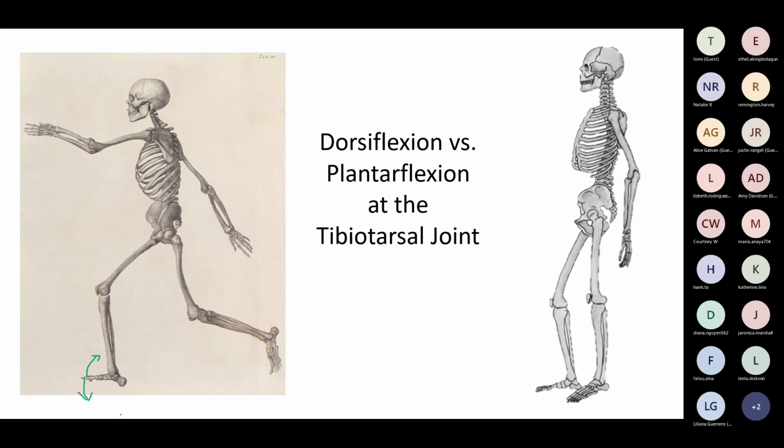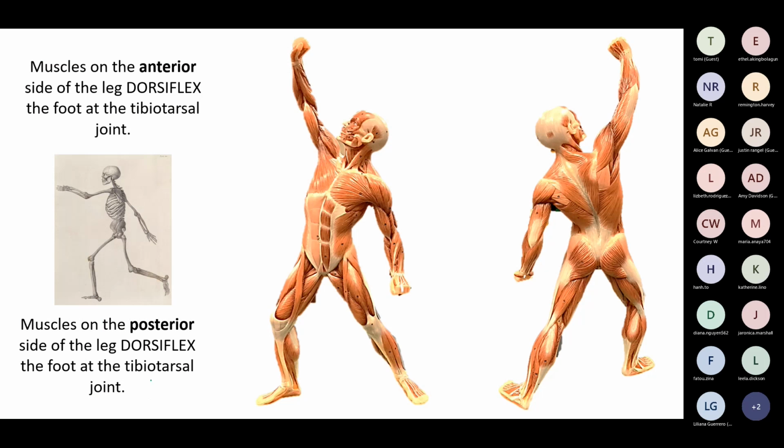So dorsiflexion, if I'm pulling the toes toward the back of my body, the toes are moving in the direction of the front side of my foot. They're moving toward the front side of my thigh. When I'm doing plantar flexion, my toes are moving toward the back side of my body. So when I look at this, we talk about dorsiflexion.